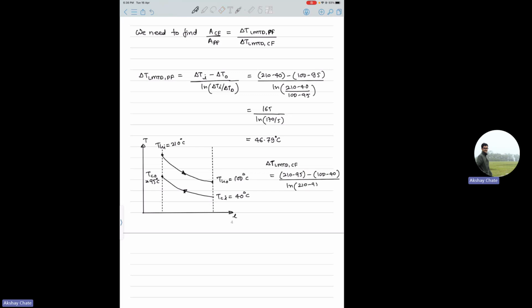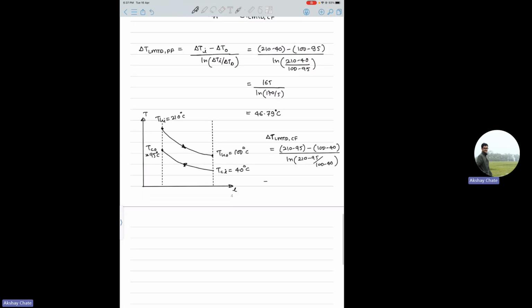So 210 minus 95 will be 115, minus 60, divided by ln 115 by 60.